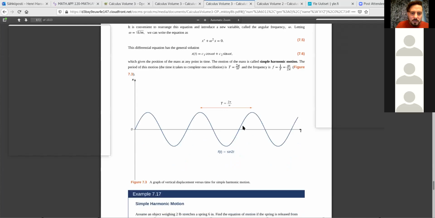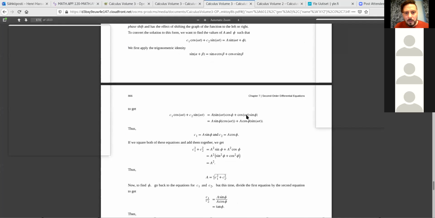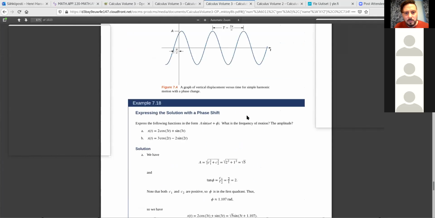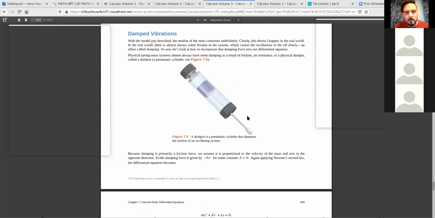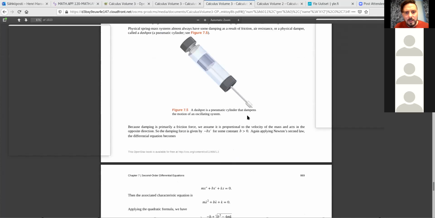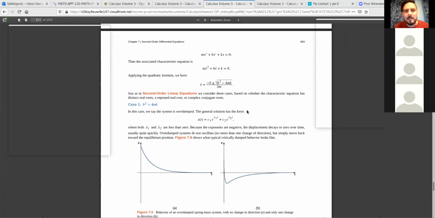But let's see if this model has attenuating factors in it. Damped vibrations, yeah, so dampener. If you have some dampening coefficient, usually this can be expressed as b times x prime.